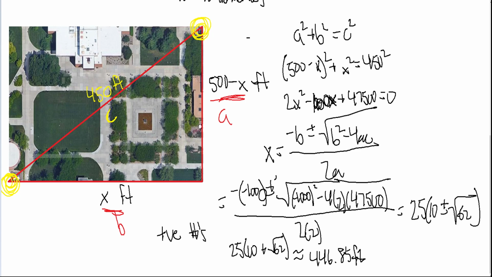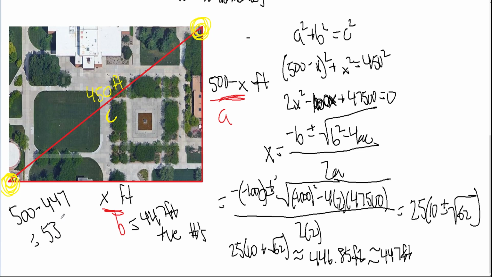I'm just going to round that to 447 feet. And so that's what the length of B is: B is equal to 447 feet. And then to find out how long our A is, we just take 500 minus 447, and we find that that is 53 feet.